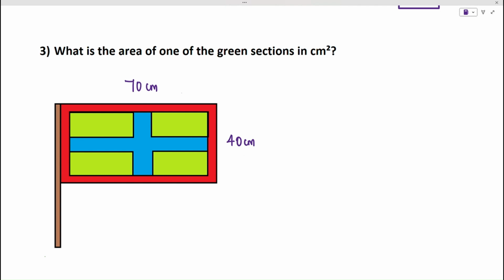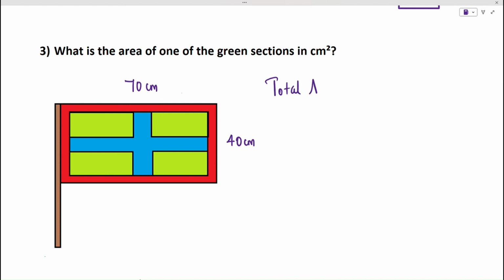Now let's approach the third part of our question. It asks us the area of one of the green sections in centimeters squared. What we can see clearly from this diagram is that the total area of the green sections is the area that is left behind when we subtract the area of the red border and the area of the blue cross from the total area of the flag.